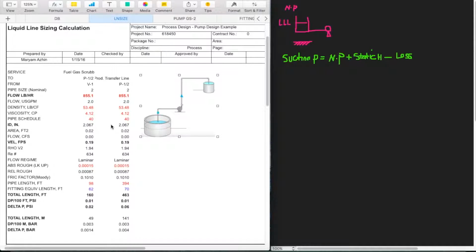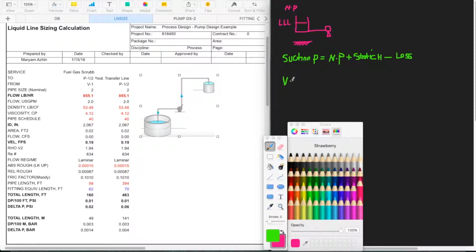Regarding pipe thickness, we can find the area, and also the velocity of the flow through the suction line.